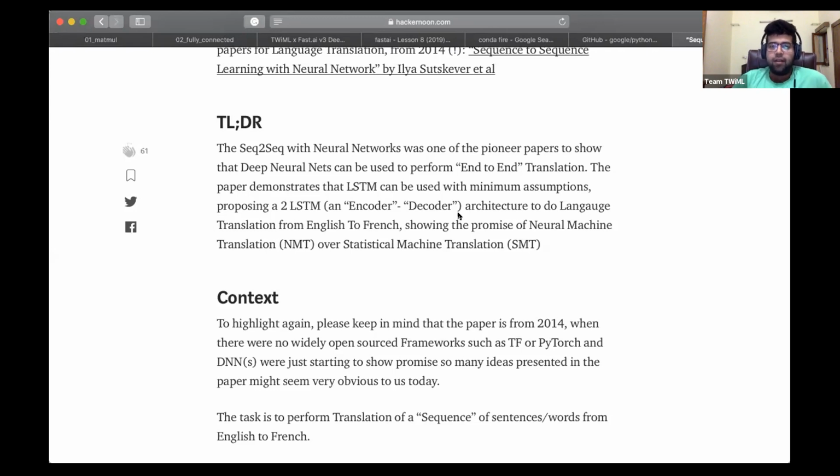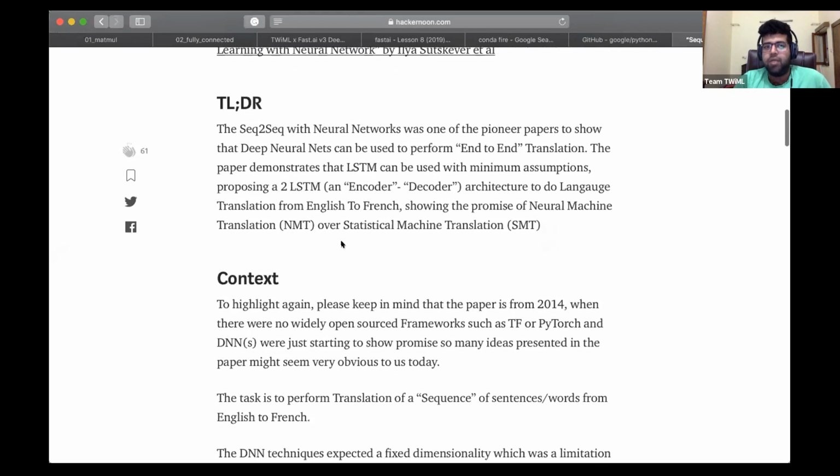So the authors dealt with it by using two LSTM architectures, which are now known as encoder-decoder in most scenarios. And their target language was from English to French. And to again highlight that at the point of writing this paper, statistical machine translation was the state of the art back then. And this paper showed the promise of neural machine translation.